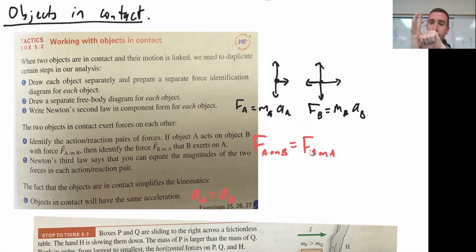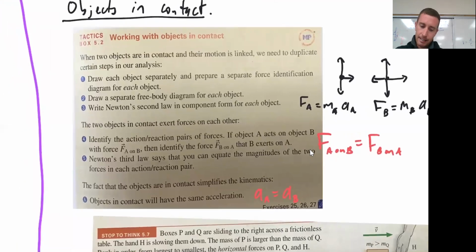They are in contact. When we're doing that, there are a few things to keep in mind for solving those problems. Number one, draw each object separately and prepare separate force identification diagrams for each object. So that would be like a picture of the truck, picture of the car, separate them, show the forces on each side.